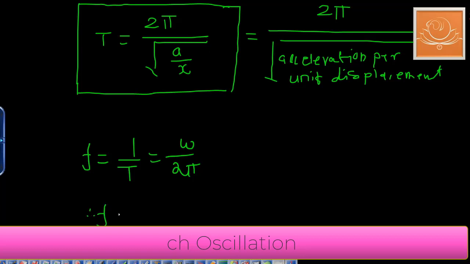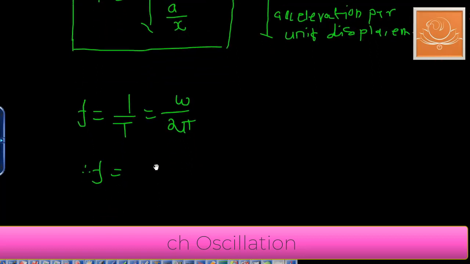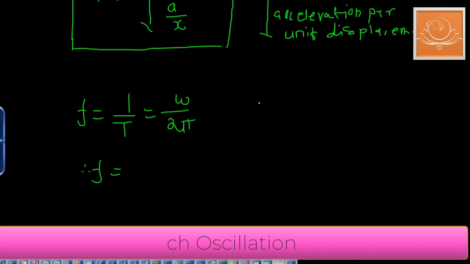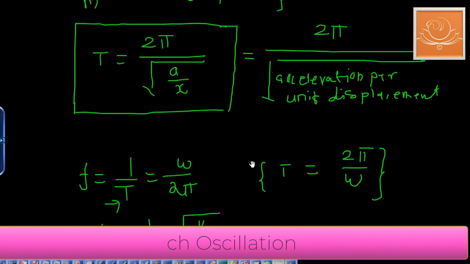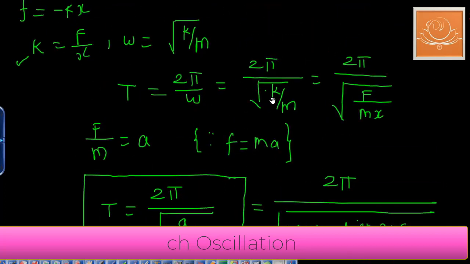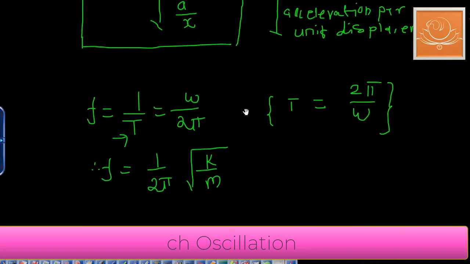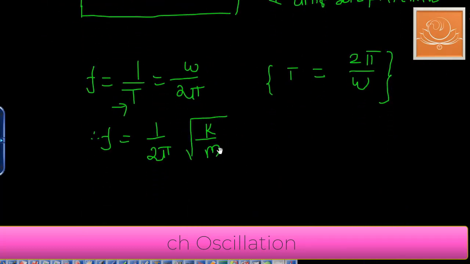Hence the equation of frequency becomes 1 by 2 pi under root k by m. Taking the reciprocal of t equal to 2 pi divided by under root k by m, 1 upon 2 pi under root k by m equal to frequency. See that this is the equation for the frequency.